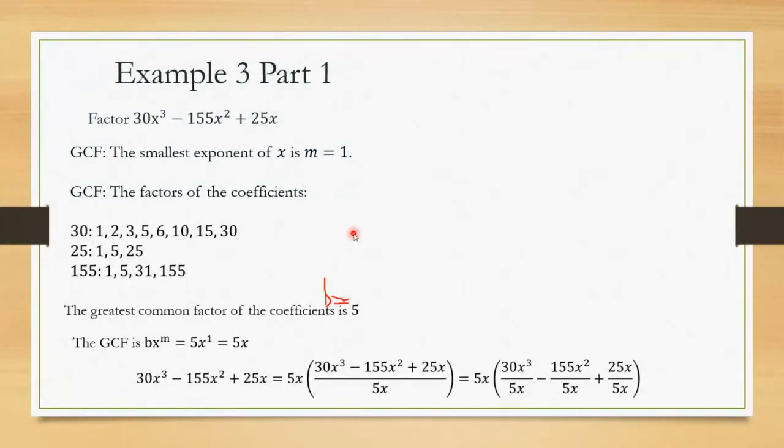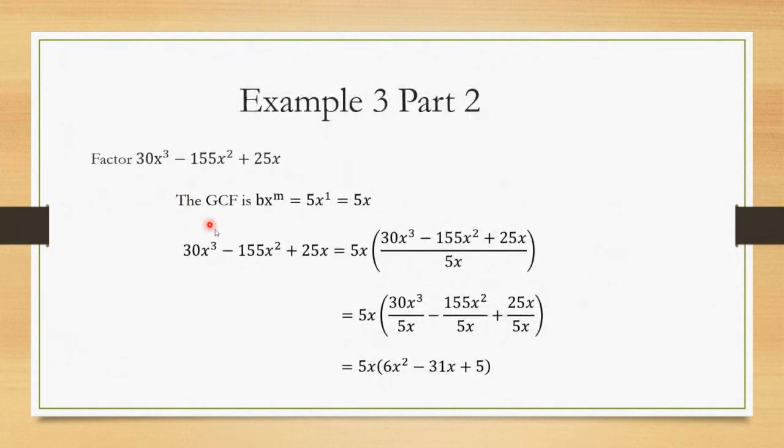So let's factor that out. We put it in front. We have to divide into each term. As you can see, we end up with this. We get 6 times x squared. This is just the same calculation from before. 30 over 5 is 6.